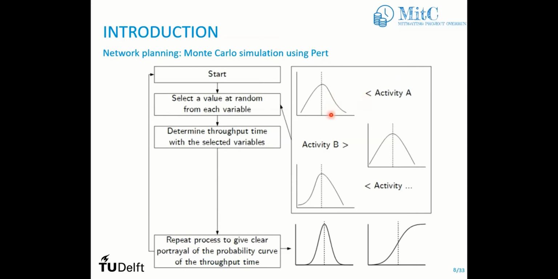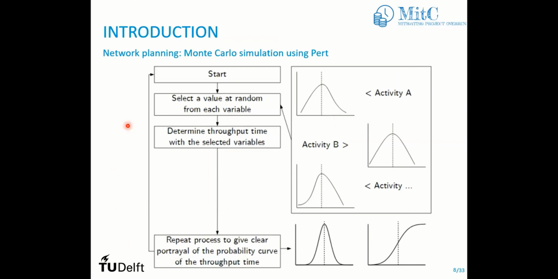We select this duration for activity A, this duration for activity B, and this duration for activity C. Once you know the duration of all activities, you can run your Gantt chart and see the duration of your whole project. That's one point: you get one final duration for the project.